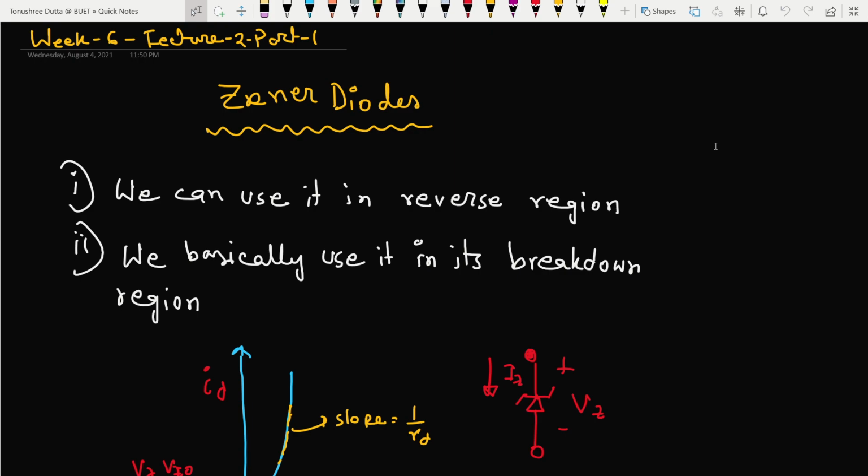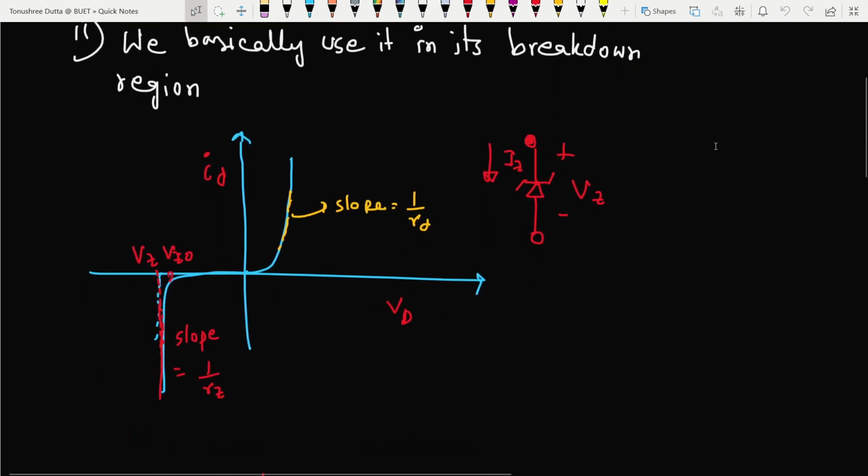First of all, basic information about Zener diodes is that they are used in their reverse region, or basically in their breakdown region. If I want to show you the symbol of a Zener diode, here on the right side I have drawn the symbol of a basic Zener diode with red pen.